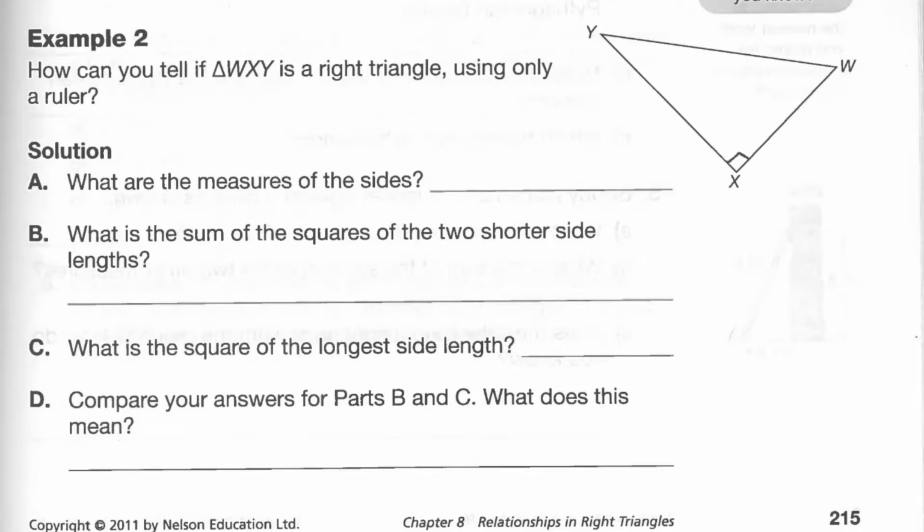So the first thing we need to do is measure the sides. And when I do that, I find that YX is 4 centimeters long, XW is 3 centimeters long, and YW is not 2 centimeters, 5 centimeters long.